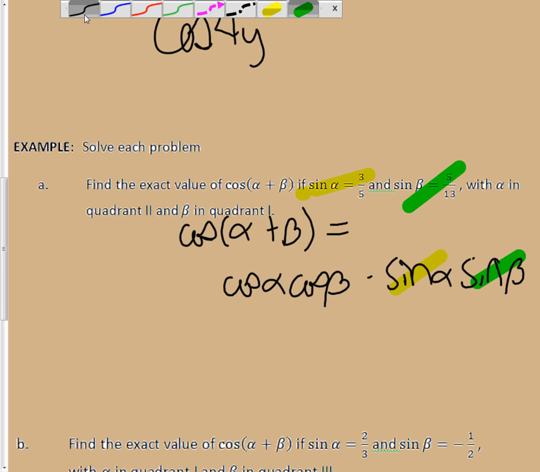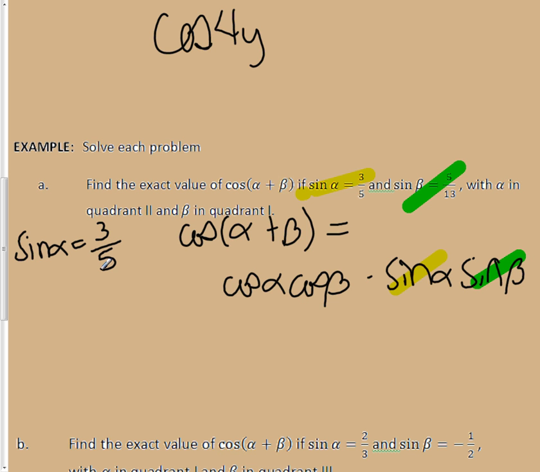The way in which I find these is I go back to the way that we define sine and cosine in terms of x, y, and r. So since I know that the sine of alpha is 3 over 5, that means y is 3, r is 5, and x for alpha must be the square root of 25, that's my r squared, minus 9, that's my y squared, which gives me 4.